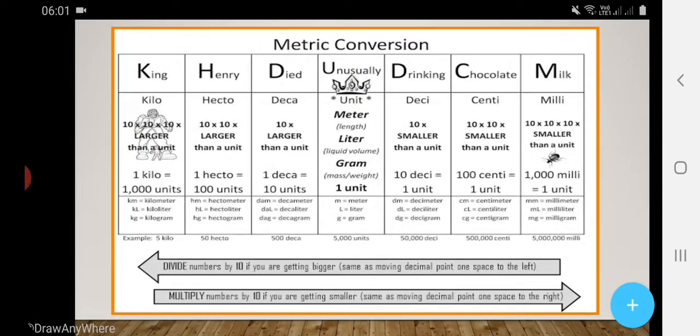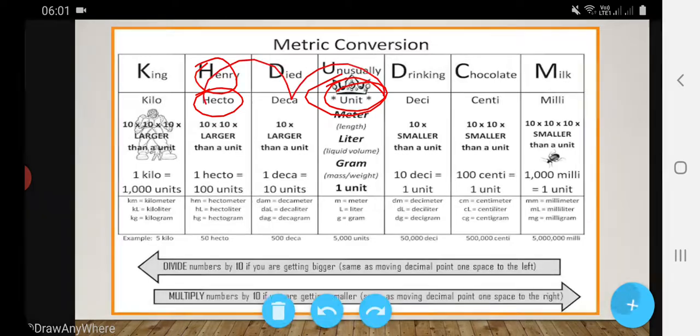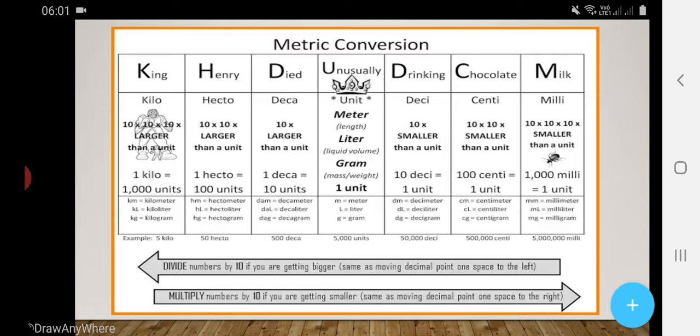If I want to go from hecto to unit, I have to multiply by 10 into 10 because I have to jump 2 places. Similarly, from deca to meter, I multiply by 10 one time.